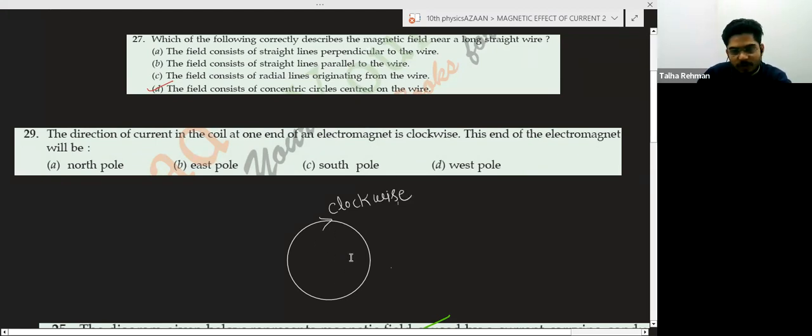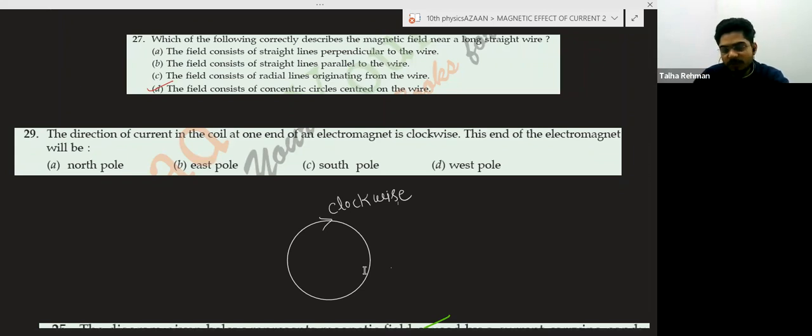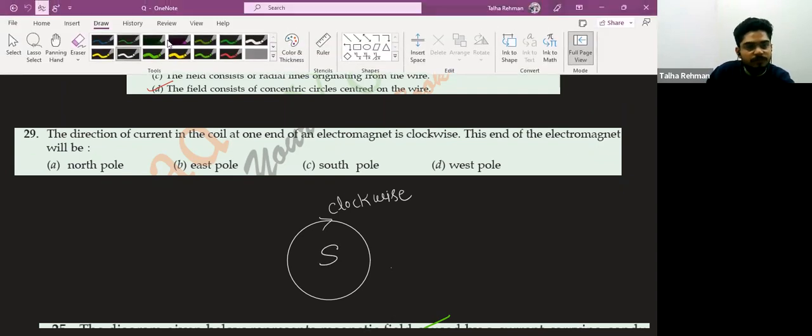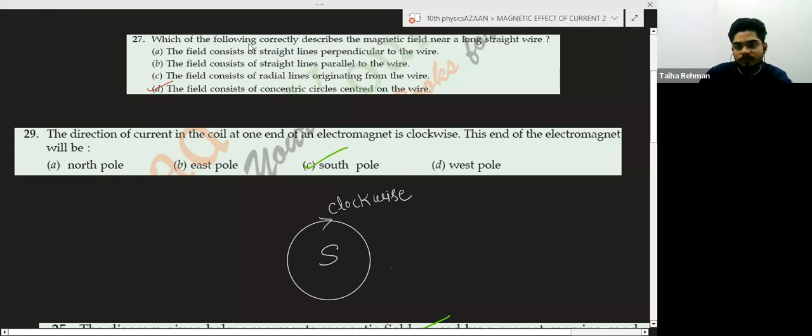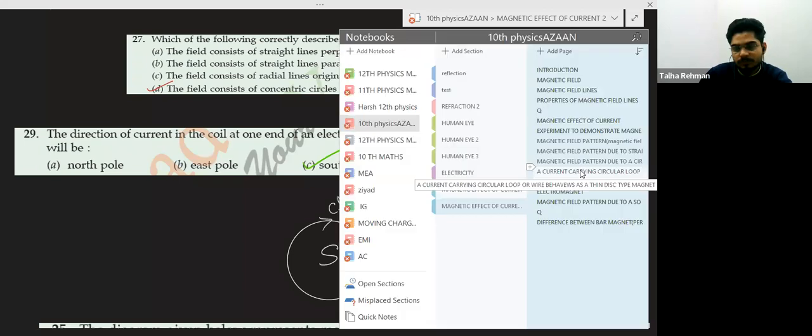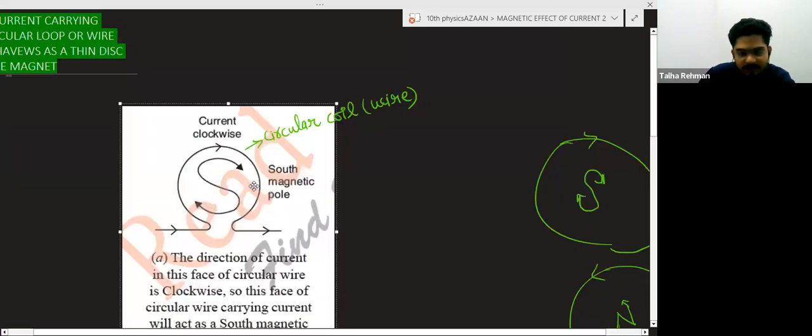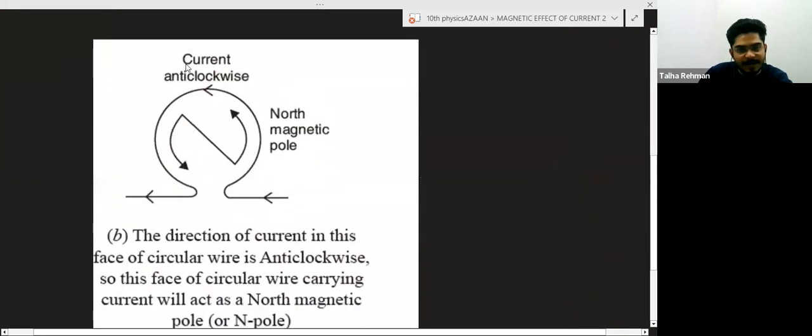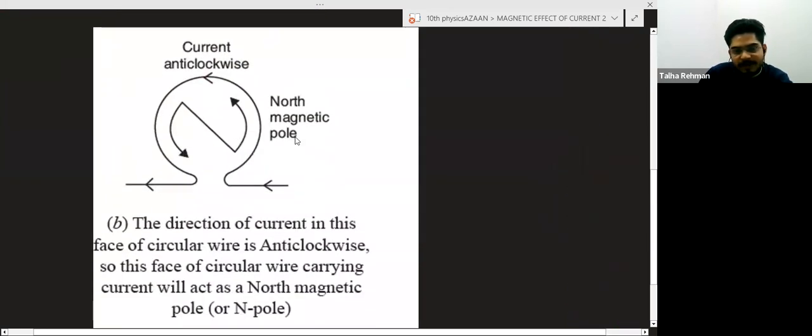So this face of the coil or this end of the coil will behave as south pole, north pole, or which pole? I told you, when there is anti-clockwise current, the face will become north pole. When the current is clockwise, it will behave as a south pole. So the answer will be south pole. Clockwise current, south magnetic pole. Anti-clockwise current, north magnetic pole.